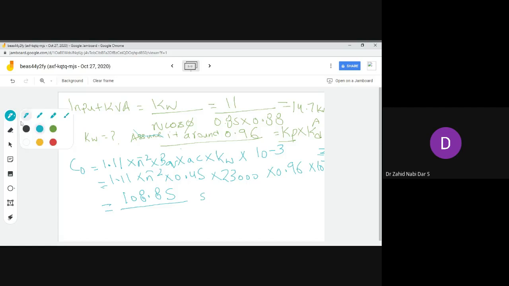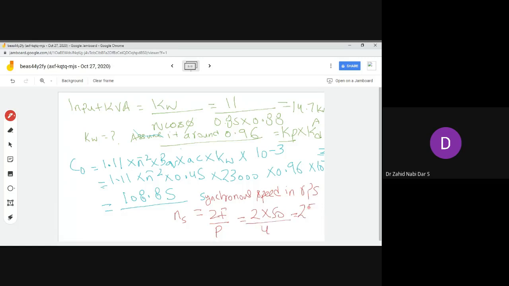The synchronous speed in RPS, ns, is equal to 2f by p. f is 50, poles are 4, so it would be 25. So you have the synchronous speed.